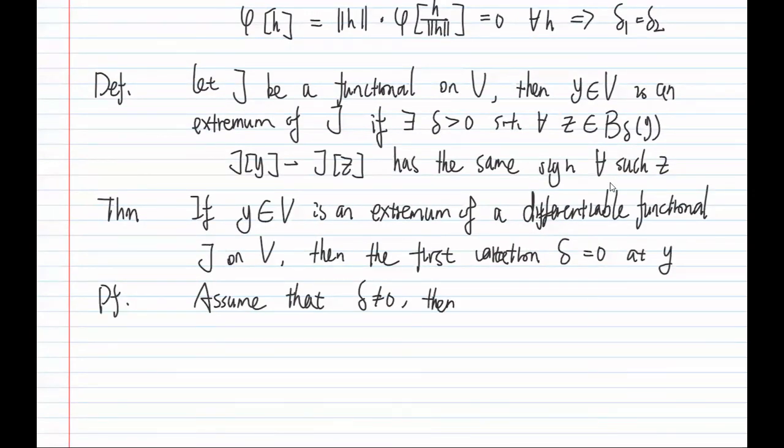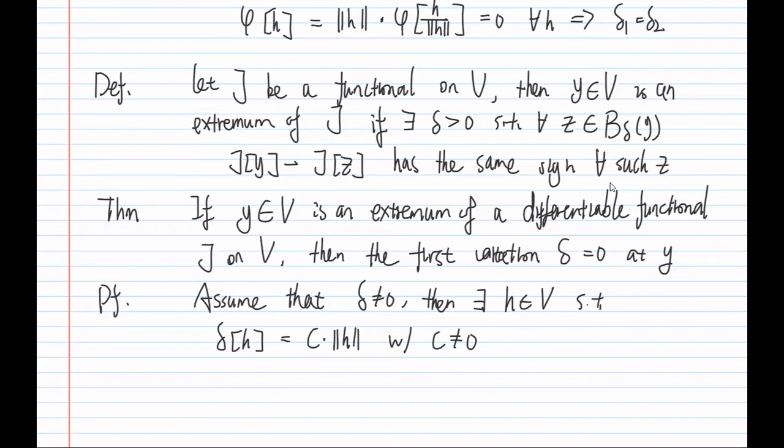Then there would exist an h in the vector space V such that applying delta to h would equal c times the norm of h, with c being non-zero, right? So how do we get this?